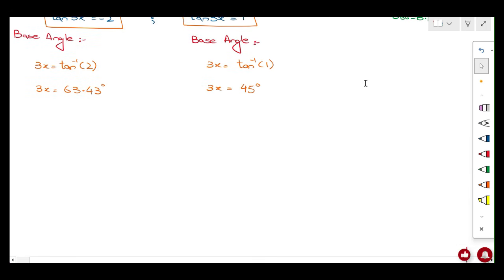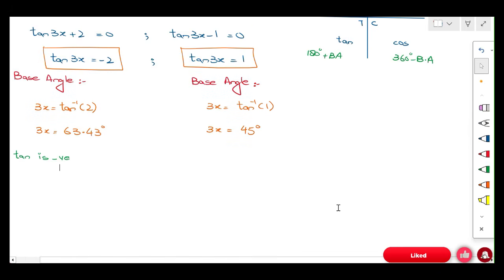So here we can write that tangent is negative in the second and fourth quadrants.